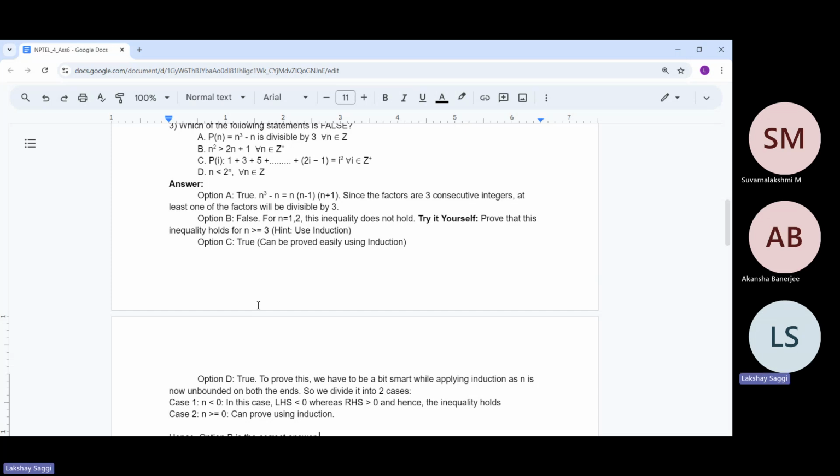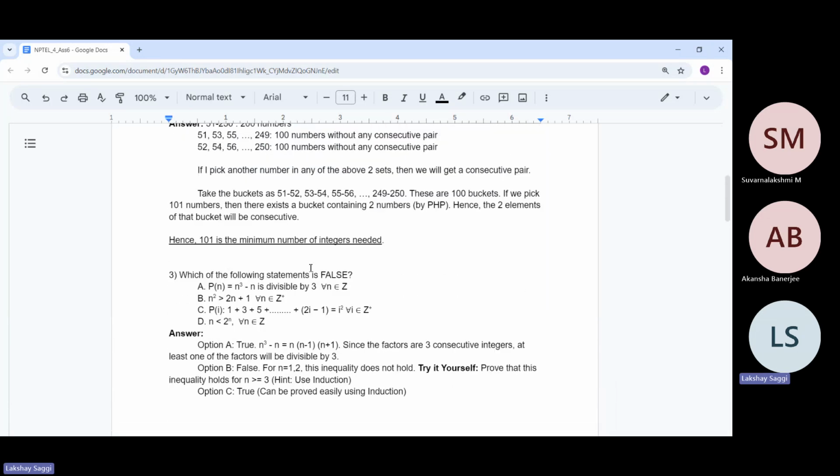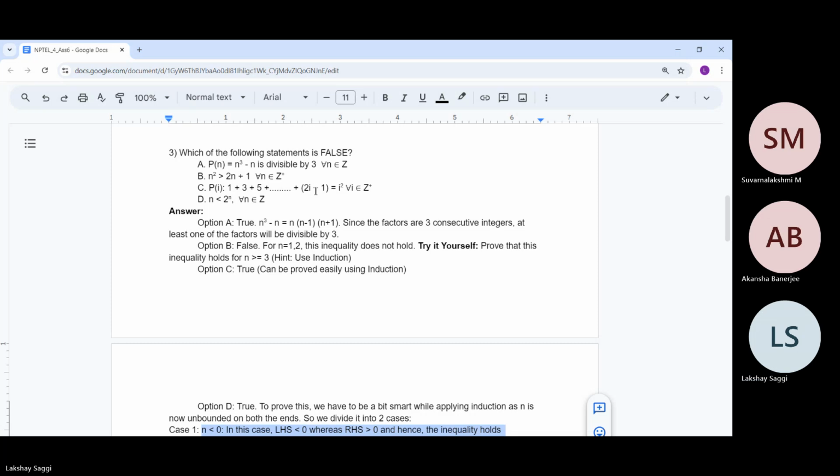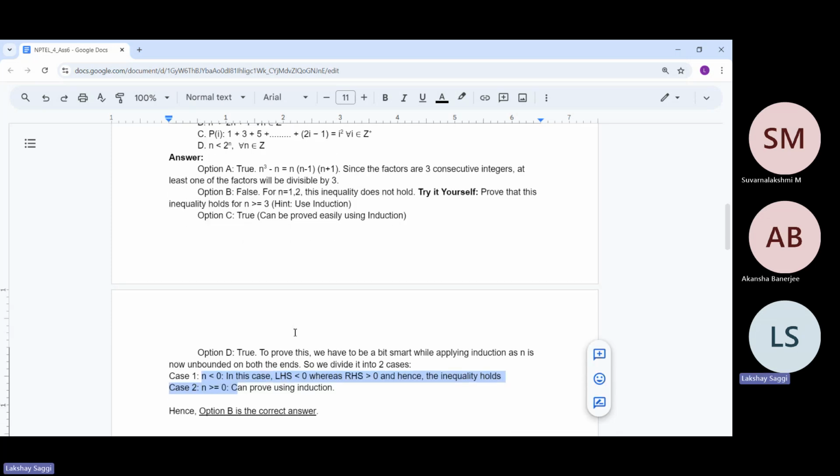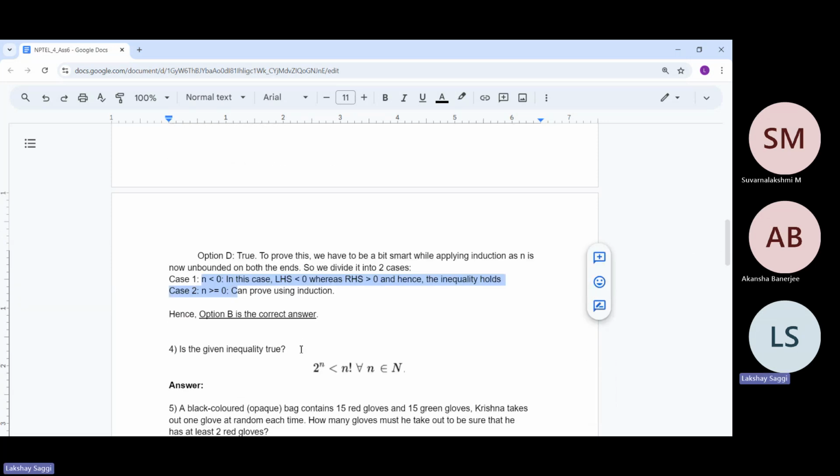So these types of settings, when both ends of the variable are unbounded, then we can do it using this. And similar to the Pigeonhole principle, where I described that we need to prove a lower bound as well as an upper bound, things like this are very important. These are in fact more important than the actual answers to these problems. So please pay attention to these proofs also, which I'm telling you.